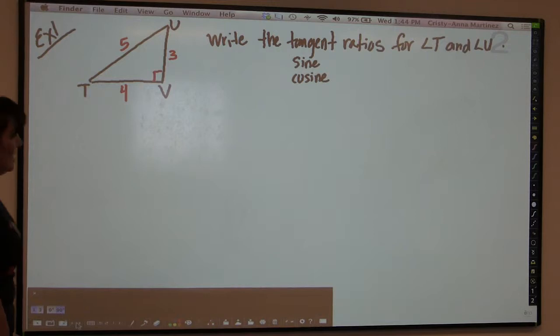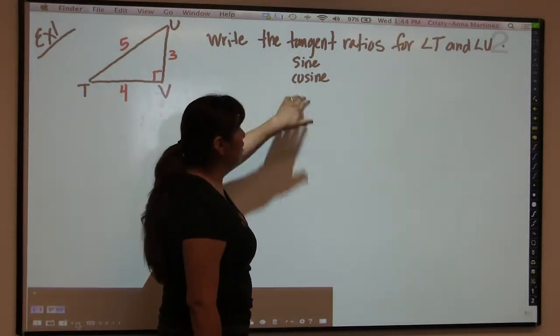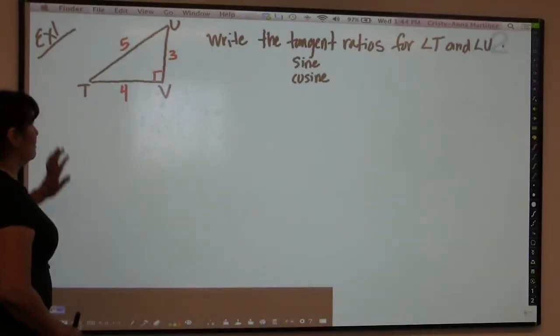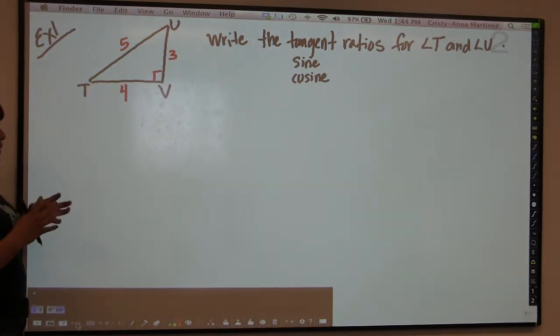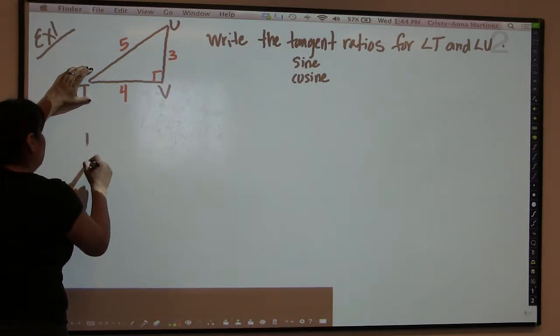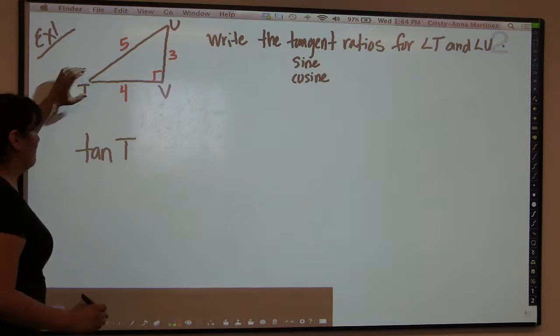And my first example is going to ask you to write the tangent, sine, and cosine ratios for angle T and angle U. So first up, we're going to do angle T. Okay, so here's angle T. So in this case, we don't have a theta, but our focus is on angle T. So when I think about angle T, I want the tangent of T. Okay?